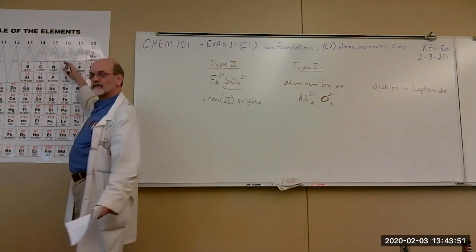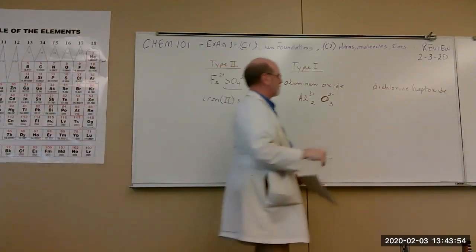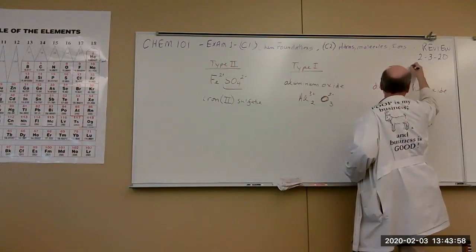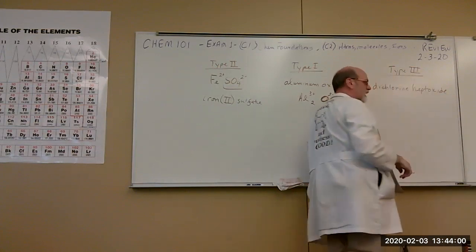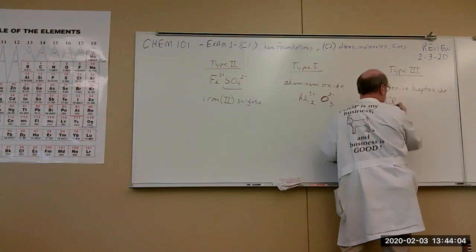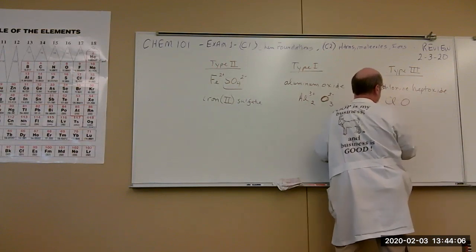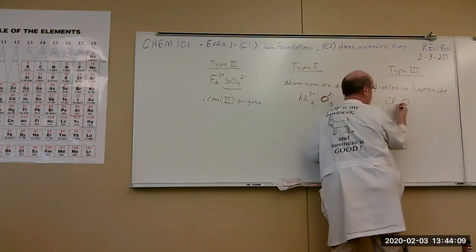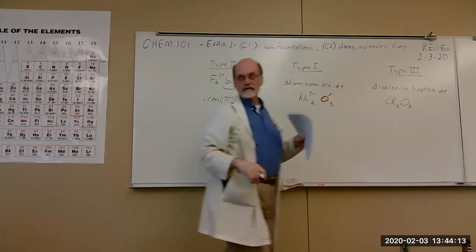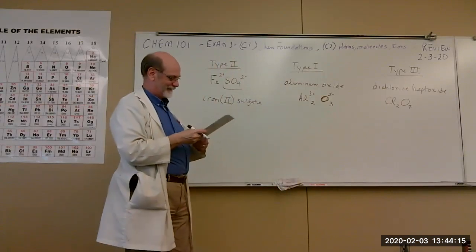Non-metals. Is that right? Yeah. Okay. So that makes these type 3. If we're type 3, all you have to do is get your symbols right, chlorine, oxygen, and then write in how many there are. So di is 2. All right.